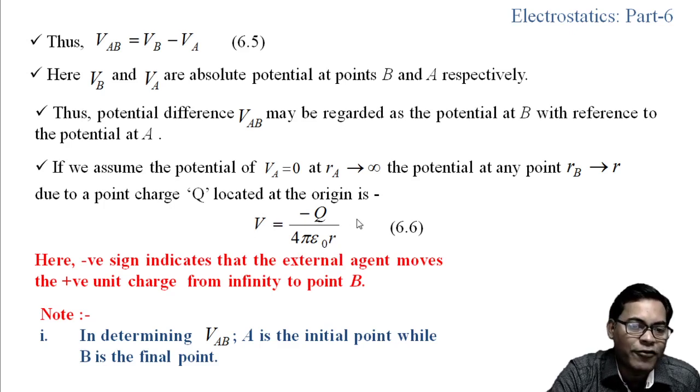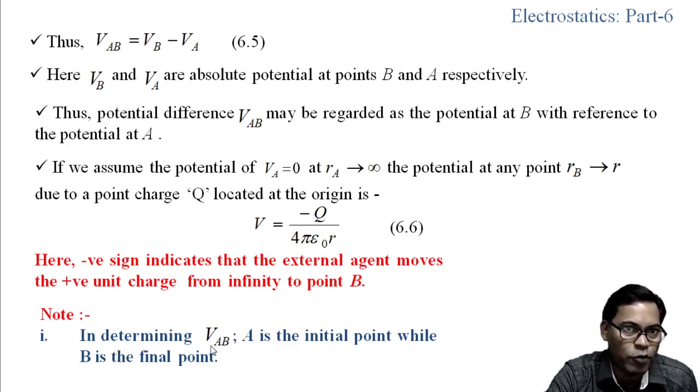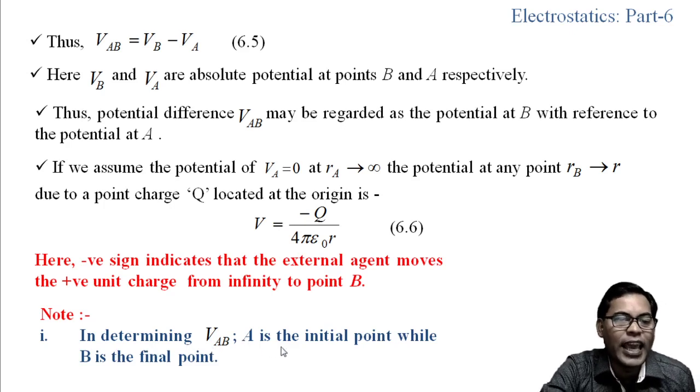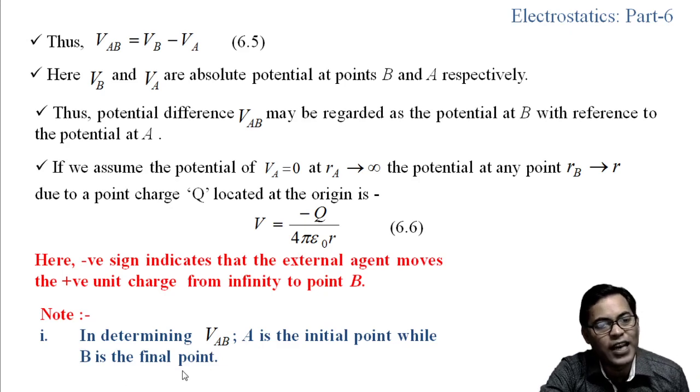So after getting the expression of V at some point, we can conclude some points. Point number 1, to determine VAB, whenever we are determining VAB, A is the initial point while B is the final point. We have seen earlier.